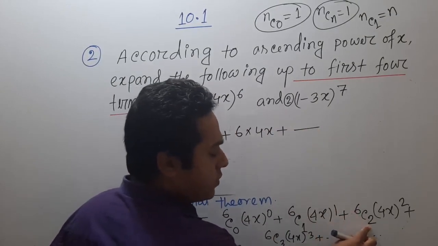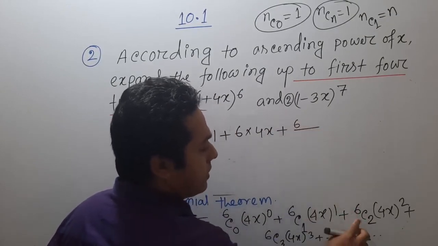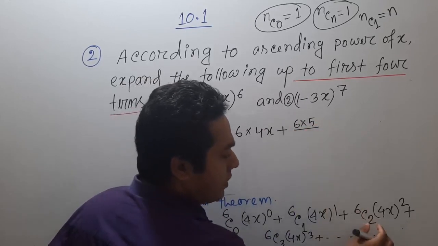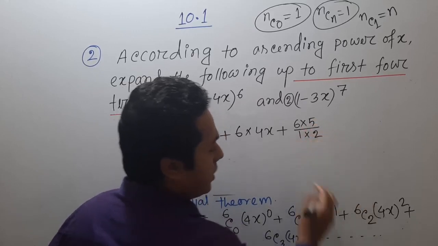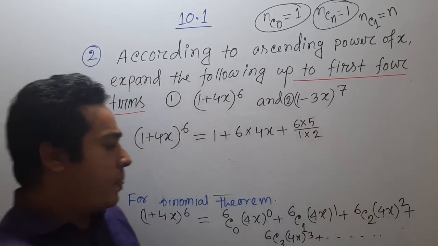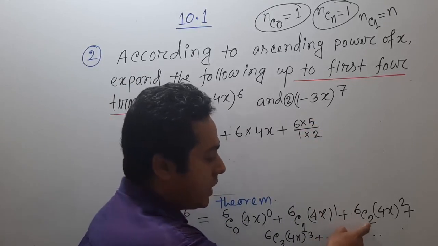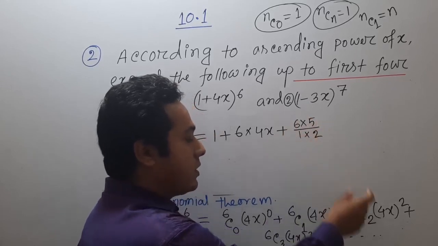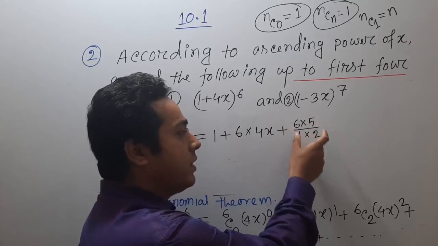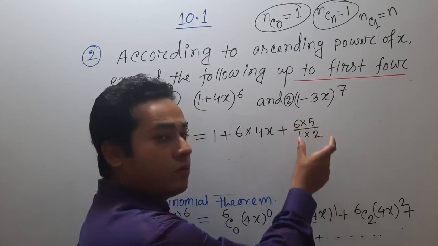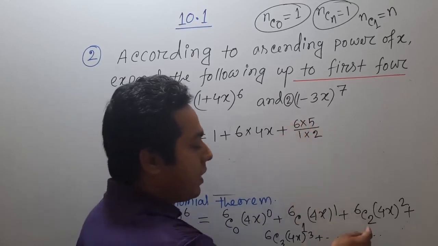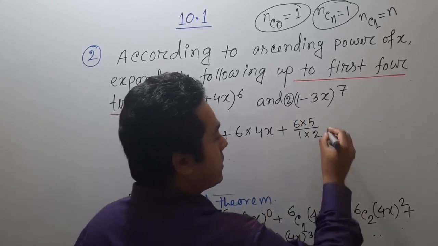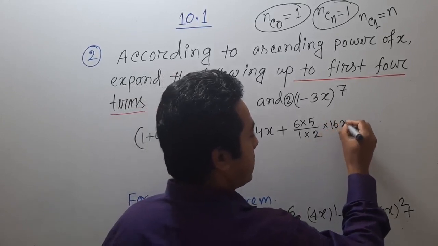Here is 6 and this is 2, so we can write 6 into 5, descending, over 2 into 1, which gives 15 into 16x squared.